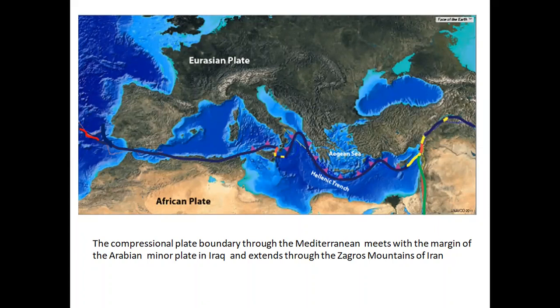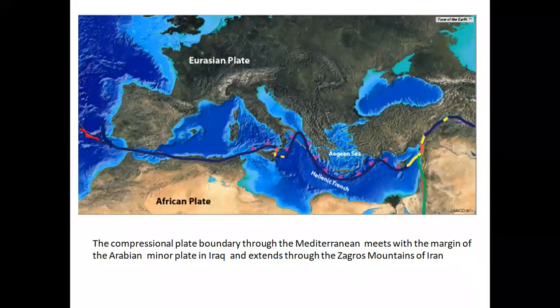There's also the green belt running south through the Dead Sea Rift, which is the separation of the Arabian and African plates. The compressional plate boundary through the Mediterranean meets with the margin of the Arabian Plate in Iraq, and it extends through the Zagros Mountains of Iran, which are not shown in this diagram.